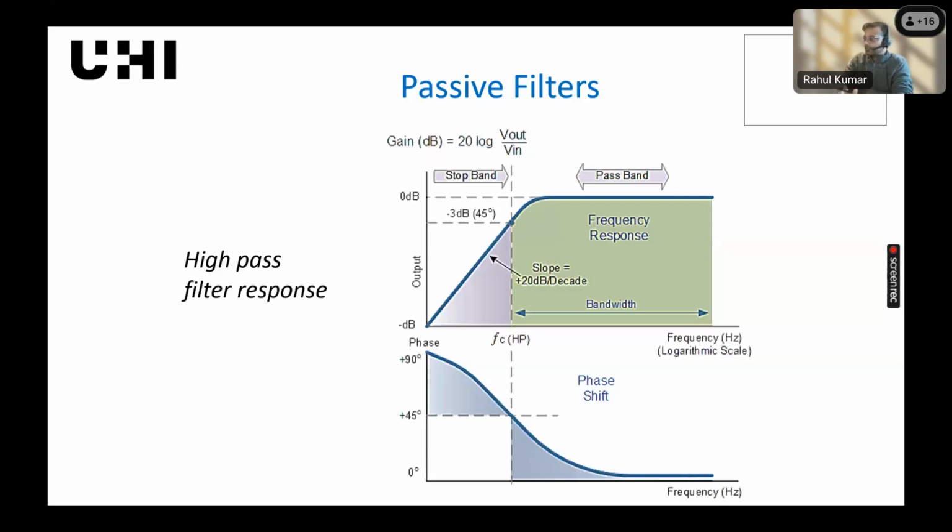So this is the response of a single pole high pass filter. The bandwidth is from cutoff frequency to the maximum frequency. Starting from your cutoff all the way to the maximum frequency.